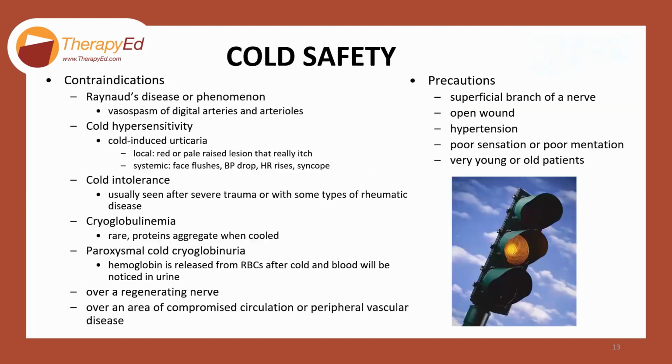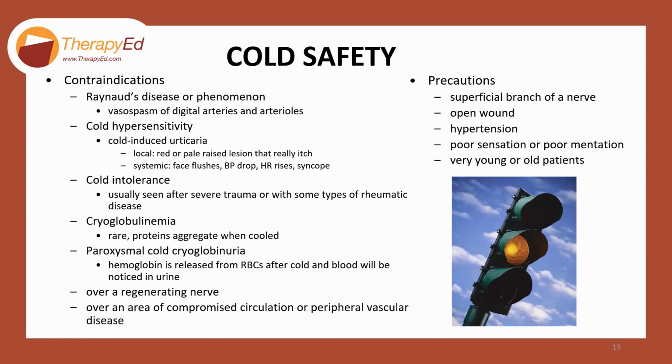Now, with cold, there are a couple of things you always have to think about in their history. So you might be applying a thermal modality, and maybe the question is about which of these in their history would be a contraindication. You should be able to pick up on things like vascular disease, like Raynaud's phenomenon, cold hypersensitivity, cold intolerance, cryoglobulinemia.